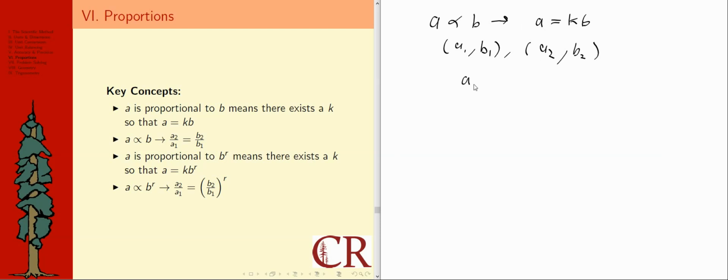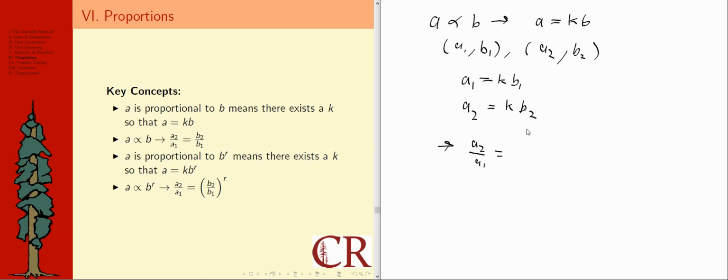Well, if this is true, then a1 is equal to k times b1 is going to also be true. A2, the other pair, would have to follow the same equation, so a2 would equal k times b2. And now if I take this second equation and divide it by the first, that would be left side divided by left side, so a2 over a1.